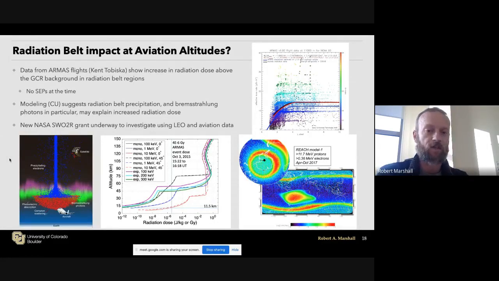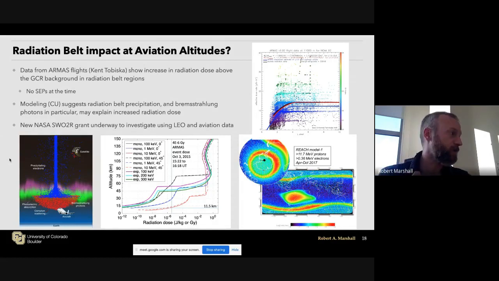We wrote a proposal, and we were actually selected by the NASA Space Weather Operations to Research program to use our modeling plus his data plus low Earth orbit electron data from both POES and REACH to tie these things together and really answer the question: is what they're seeing at these high aviation altitudes really radiation belt precipitation? And if so, can we provide some information on when to expect these enhanced radiation events?